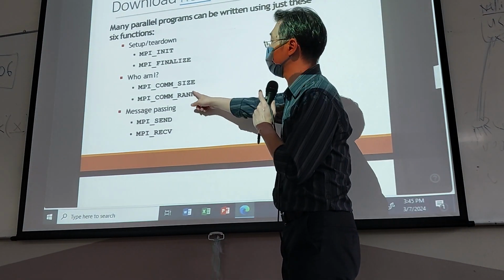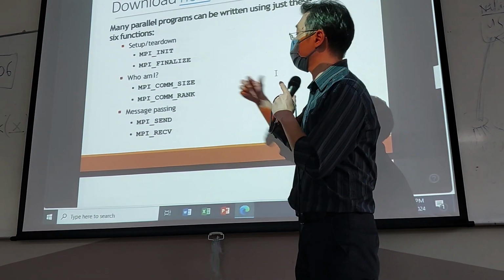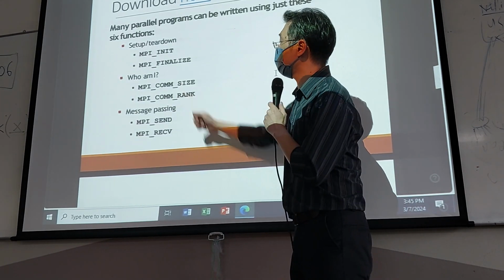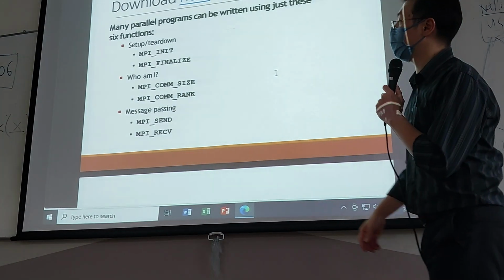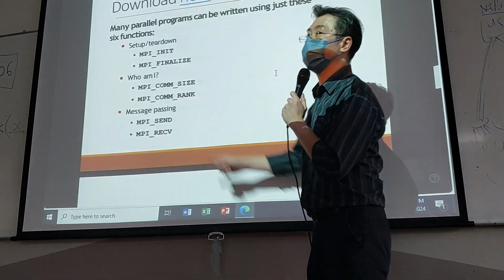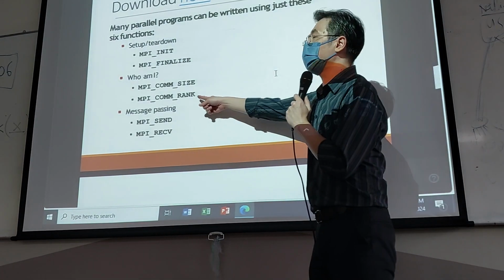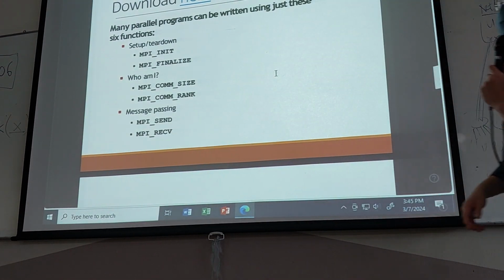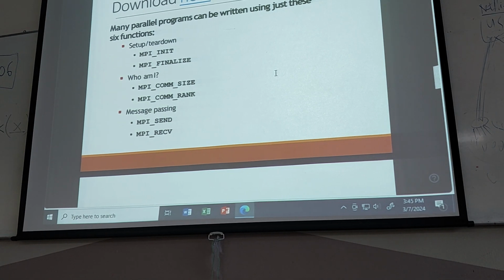In this case, it's the same thing. If you want the size, you call MPI comm size. If you want your ID, you check the rank. They call it rank; actually, rank is the ID. And then when you send or receive a message, you use MPI send and MPI receive.